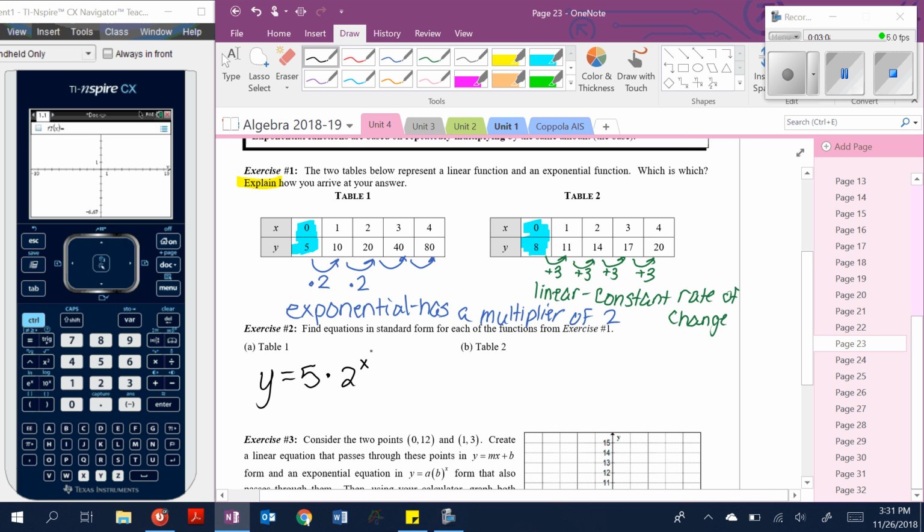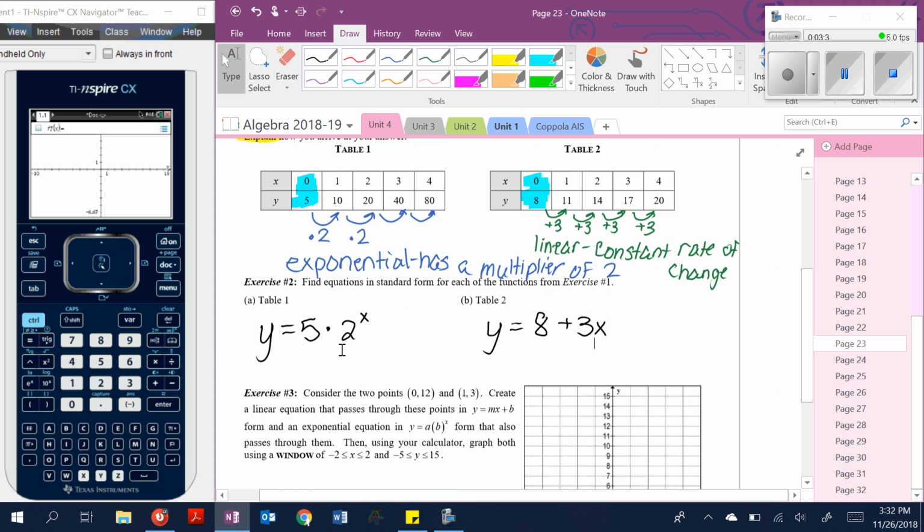So we're going to model that repeated multiplication with, you got it, that exponent. Table number 2, we begin with 8, but what we're doing this time is adding 3 over and over and over again, and we show multiplication when we want to model repeated addition. So those are our two equations.